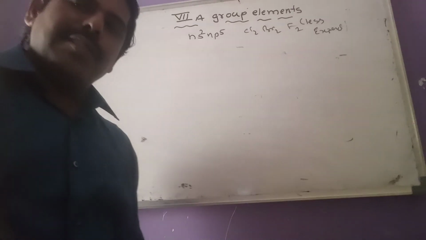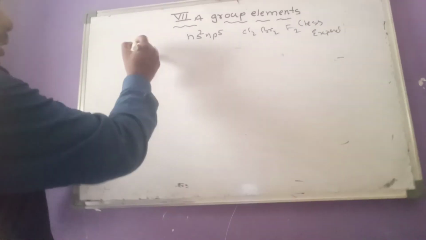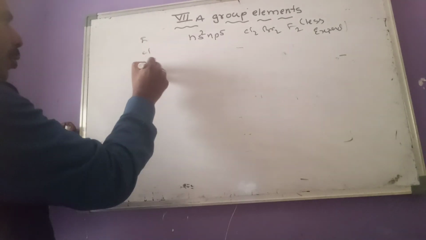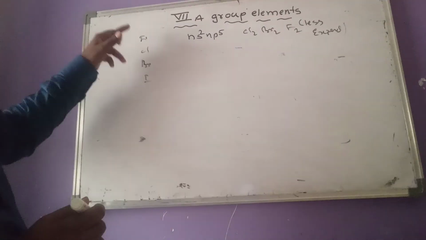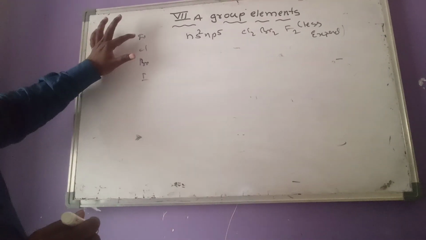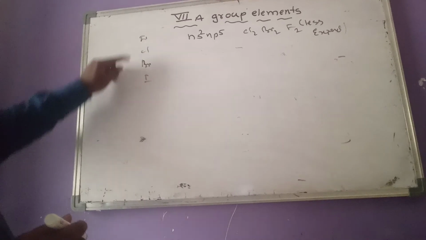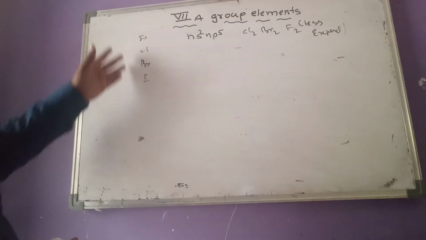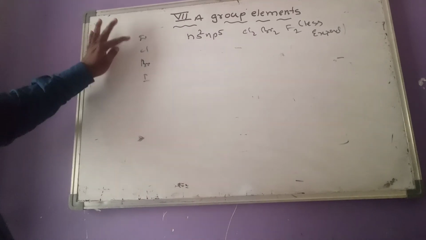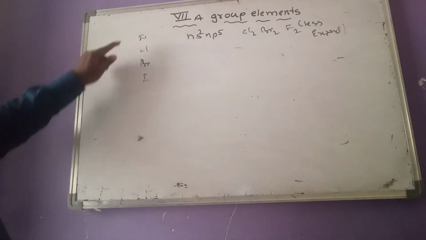So that's why only fluorine can displace all its below halogens from their which one? Halides. So for example, if you consider fluorine, chlorine, bromine, iodine, fluorine is present at the top. For example, in a cinema theater, these are present like this. So fluorine is present at the top, iodine is present at the bottom in a theater. Now, who can kick all the members? Fluorine.